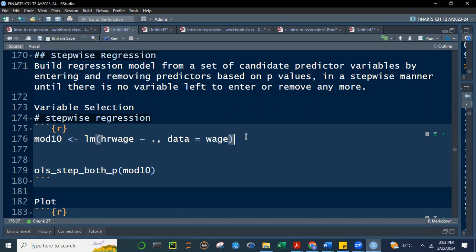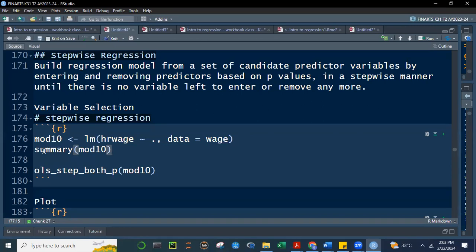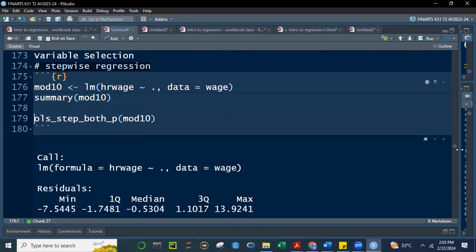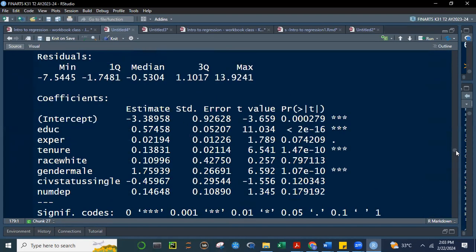So if I run this, so ang model number 10 natin, ano ko lang, i-summary ko, no? Summary, mod 10. Okay, and you can see it's hourly wage regressed on all of our predictors. Yan. So ito yung model number natin, model number 2.